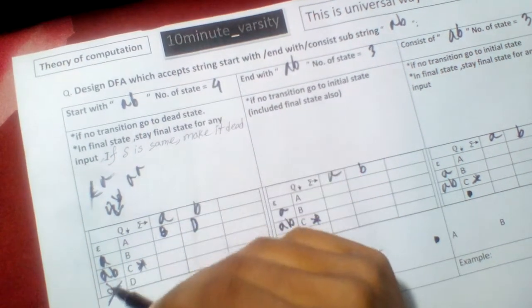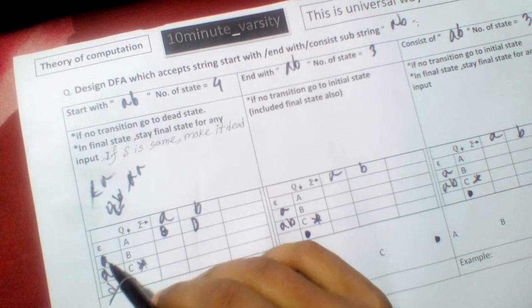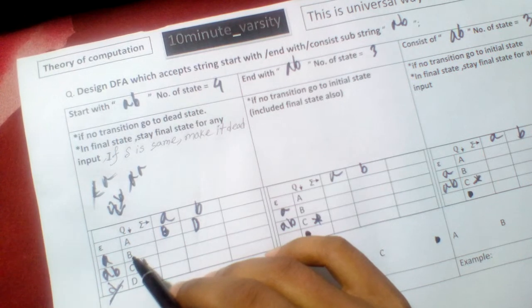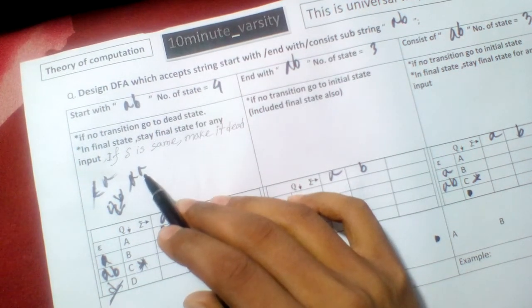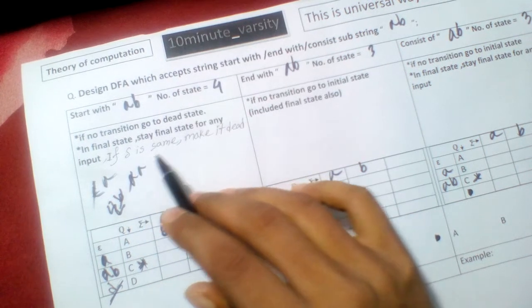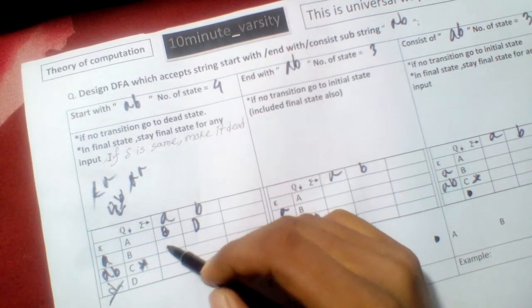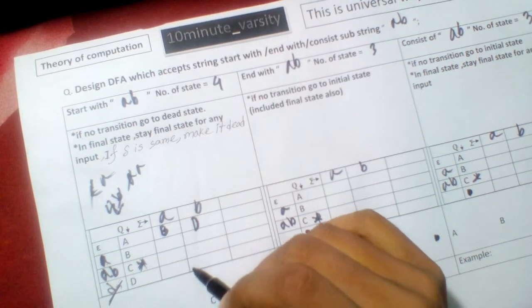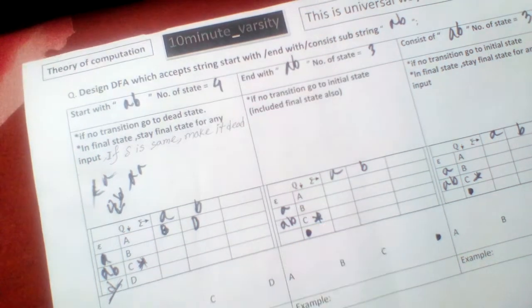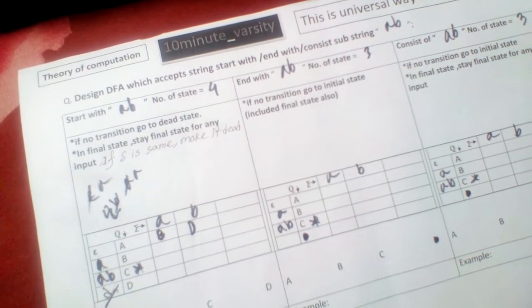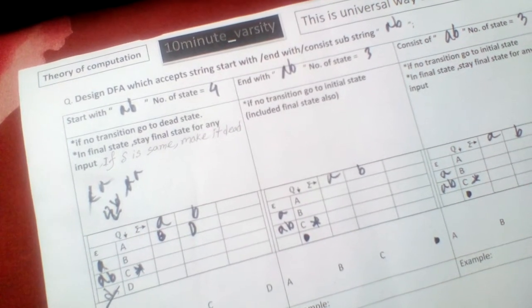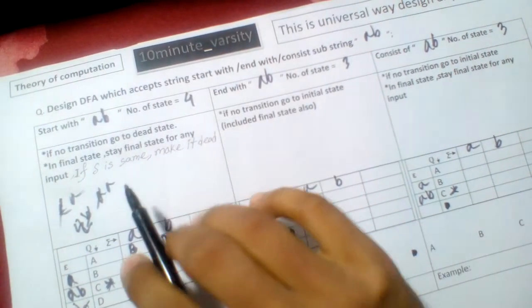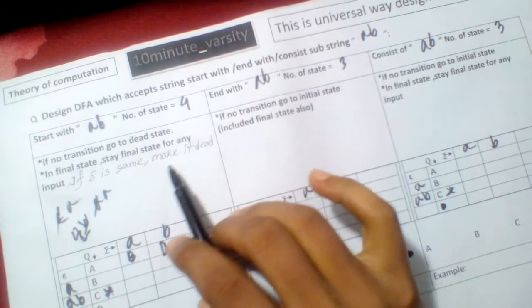And for the next state, take A with A. Is there any AA? No. Cut one A. Is there any A? Yes, A. And this A belongs to B. We are traveling from B, but we found B. I write it down: if delta is same, make it dead. From B to B for A, as I have written here, if delta is same, make it dead.